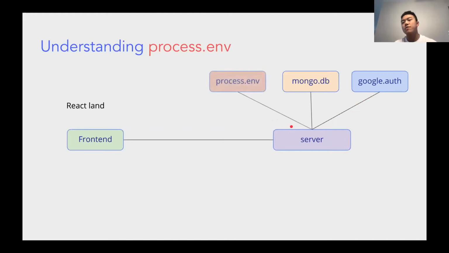Process.env, I like to think of it as another thing that the server, the backend, can talk to. So it's one of those things that the backend can talk to and ask for information. And all it does is it stores some specific variable values, including the port.